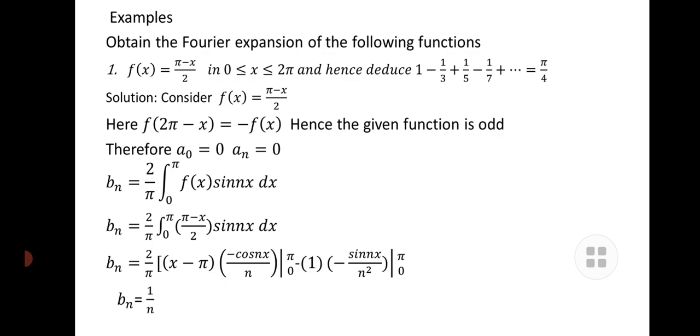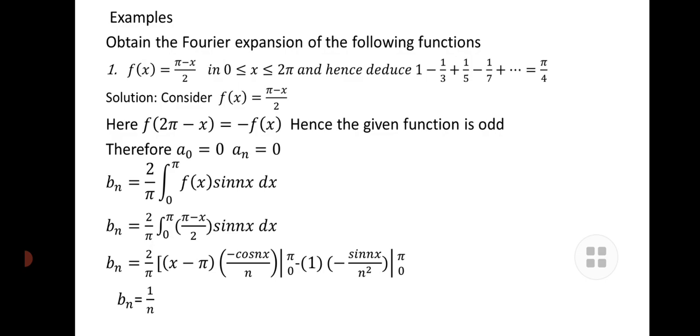If the function is odd, the Fourier series contains only the b n value. This applies to the periods minus L comma L, 0 comma 2L, 0 comma 2 pi and minus pi comma pi. Using these conditions, we will go for the example.